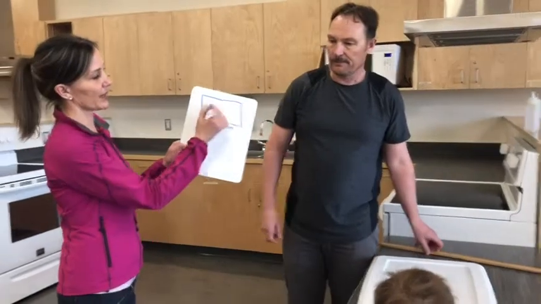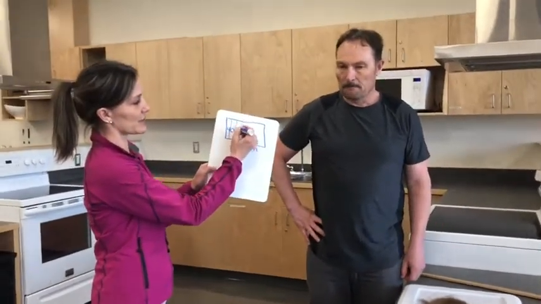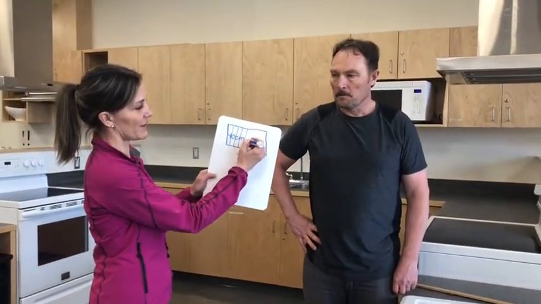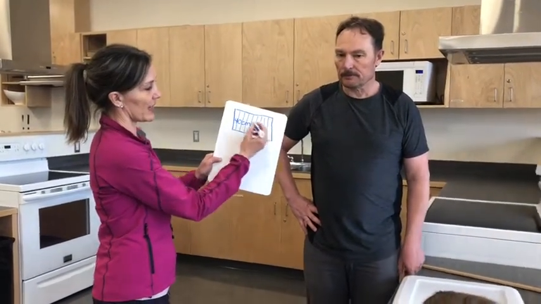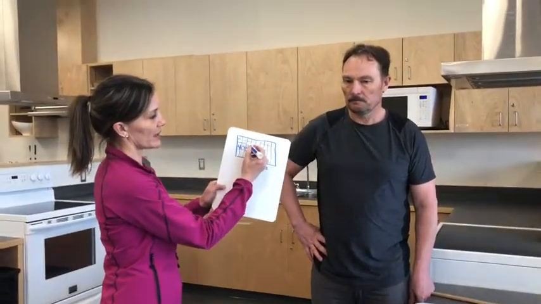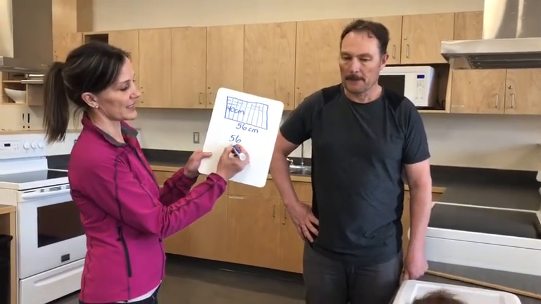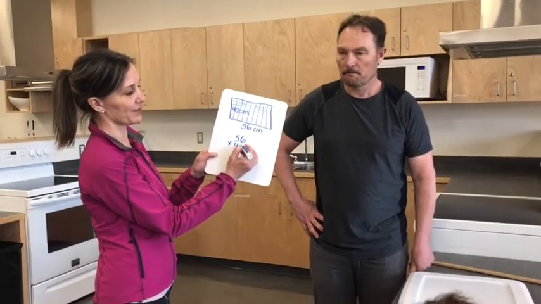Okay, so again, if we were to imagine all of these were little squares, we would have 56 little squares going this way, and we would have 40 going this way. But we're not going to count them all, so we're just going to do some multiplication. Again, this is double digit. You will not have to do double digit, but we'll still practice it. 56 times 40.